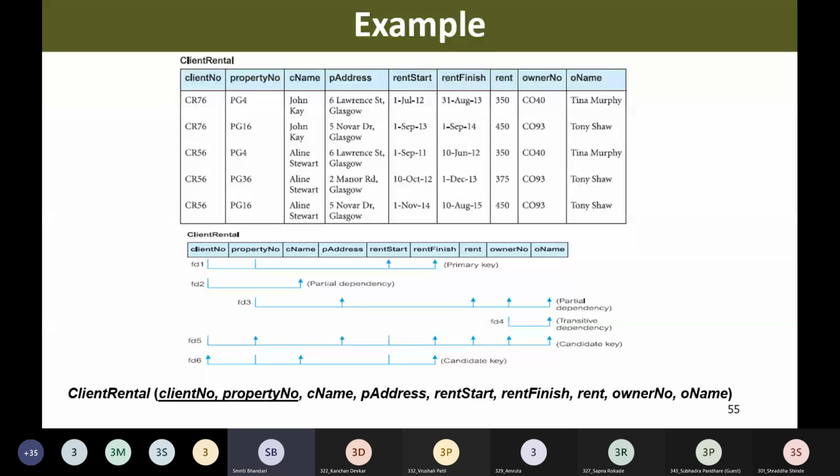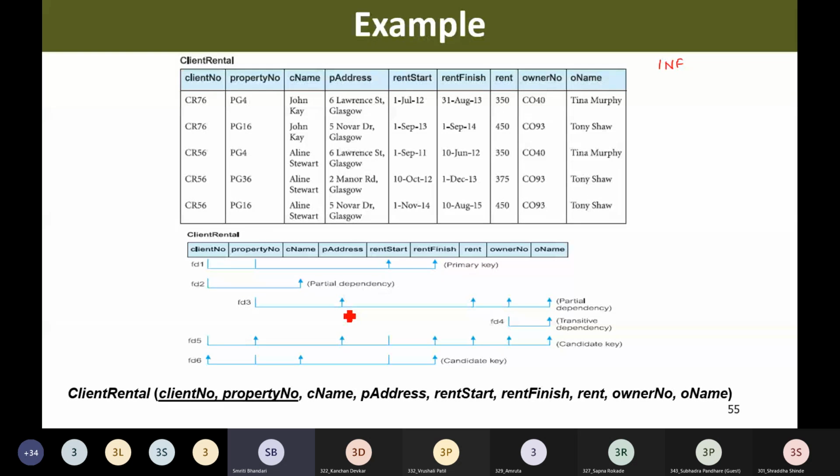Okay. Now, the second approach I'm going to discuss, but before that, let us look at this table, which is in 1NF. And if we try to find the functional dependencies in this table, we may come up with several. Like client number, property number determines rent start, rent finish. Client number determines client name.